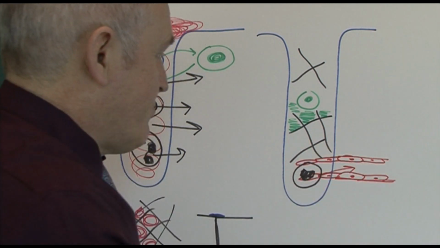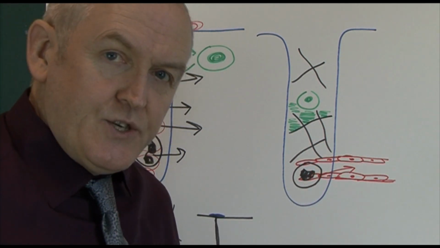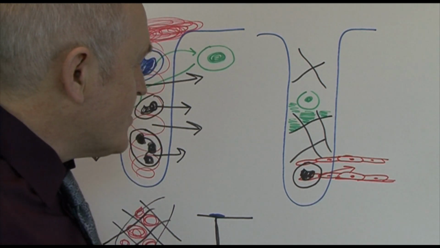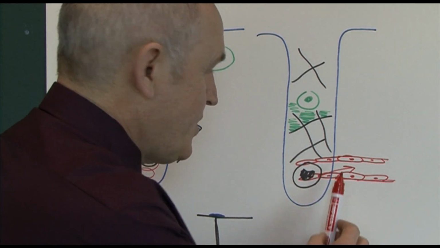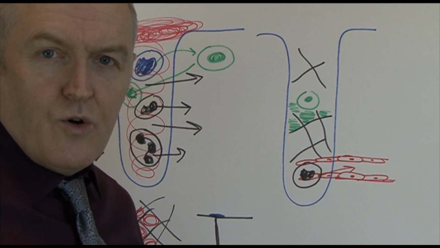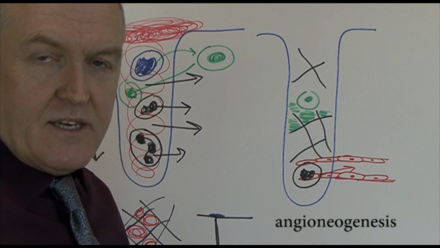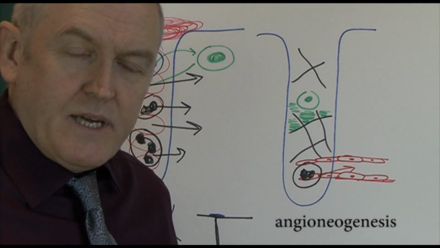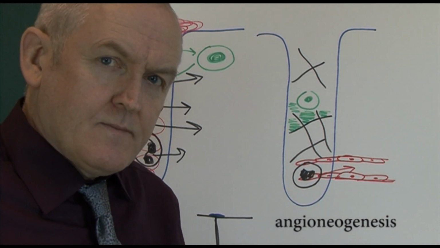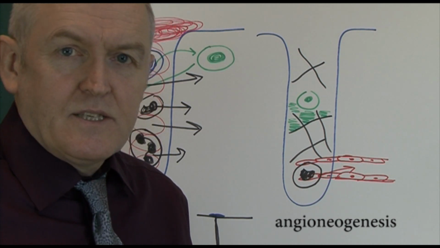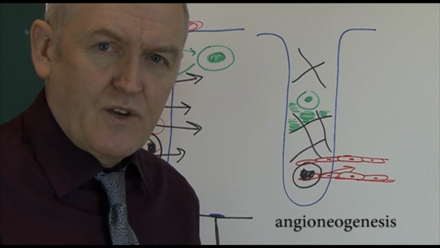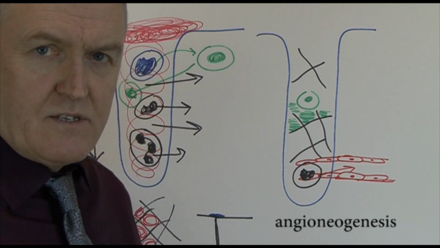This is vital to bring oxygen and nutrients into the wound. And the process whereby we get the growth of new blood vessels is called angioneogenesis. Angio means to do with blood vessels. Neo means new. Genesis means beginning. So it's the growth or the beginning of new blood vessels.